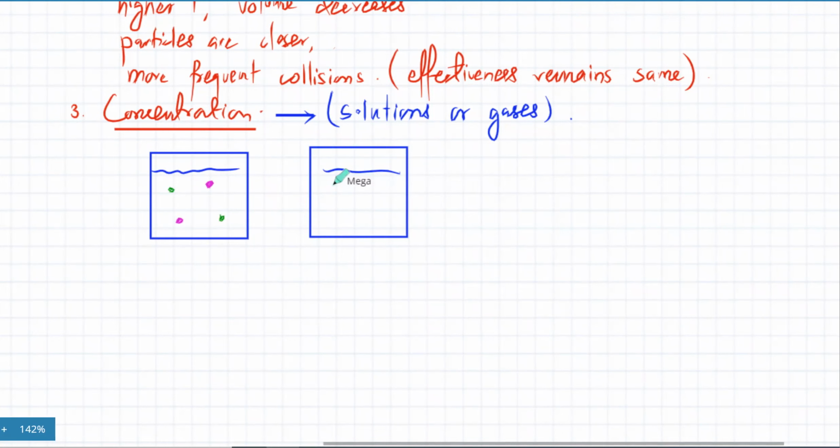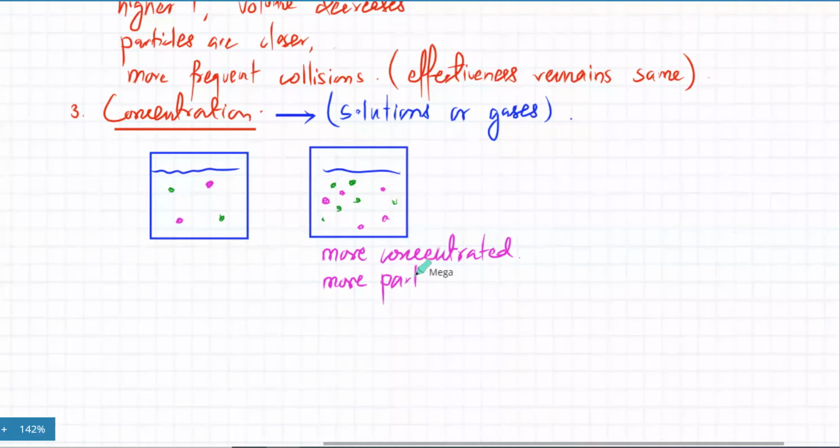If they are close together and there are more of them per unit volume, then they will obviously bump into each other a lot more, and you will get more frequent collisions only, not effective.